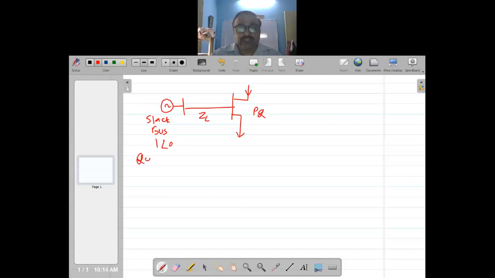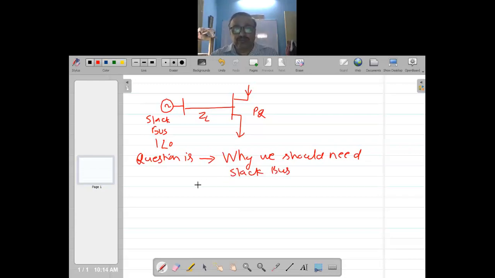So the question is, why should we need a slack bus? Or why can't I have all buses as PQ buses?